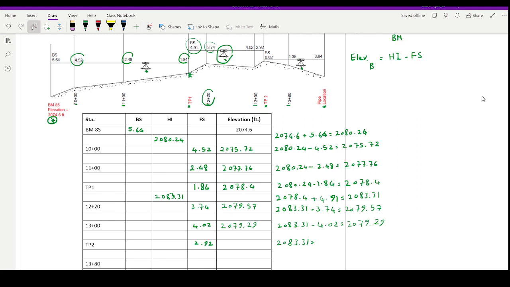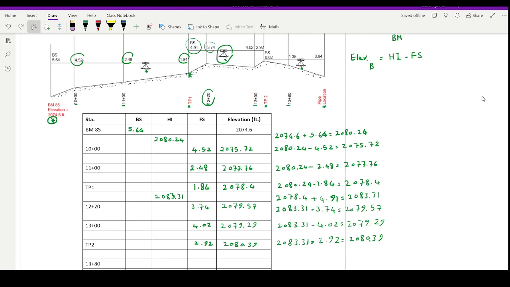So 2083.31 minus 2.92, and that will give us 2080.39. I write it in here.